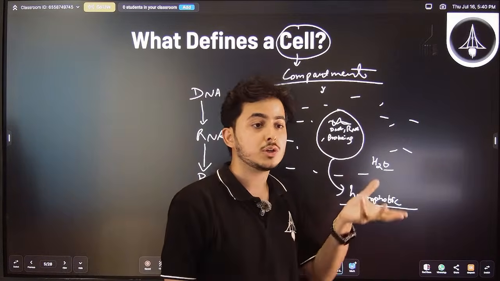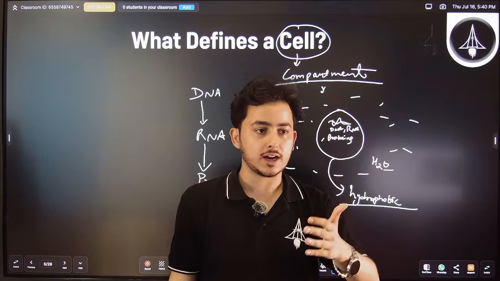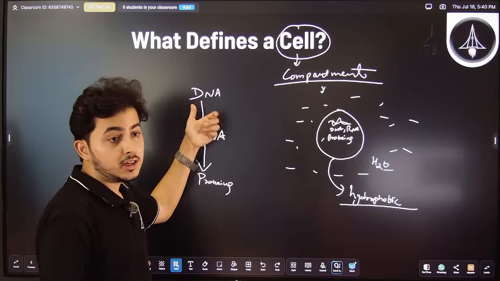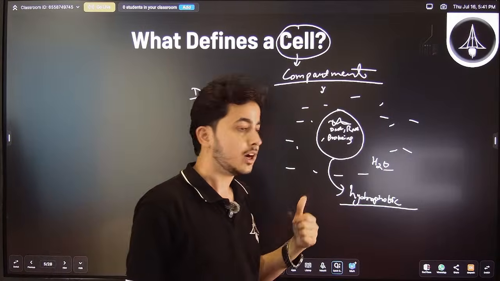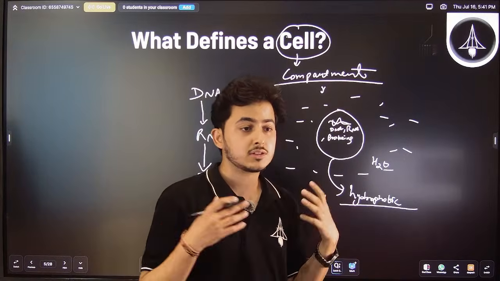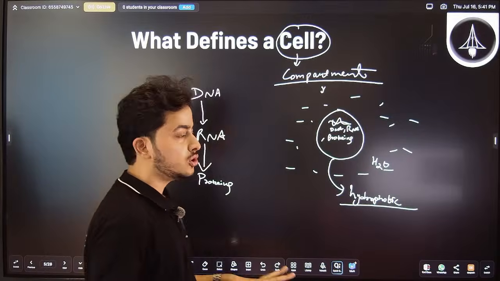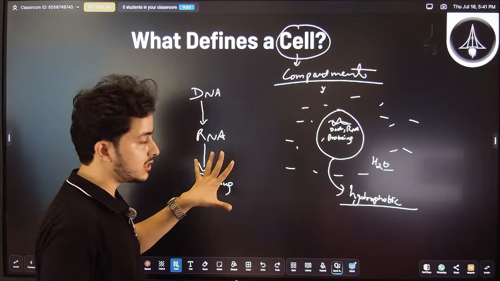RNA you can call the producer of life. In a movie you have a director, producers and actors. So DNA is the director of life, RNA the producer, and proteins are the actors, carrying out the functions of life. So this was a very layman introduction to the cell.